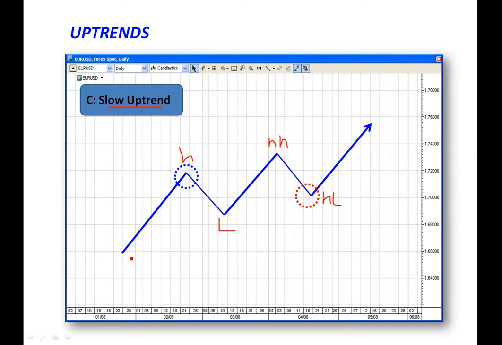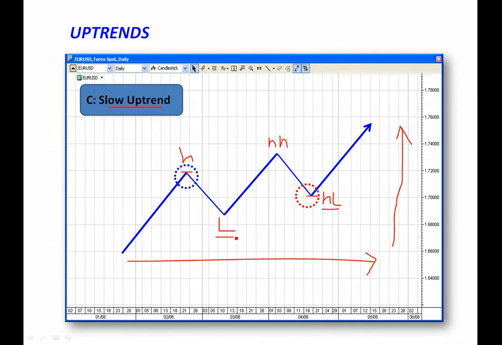But this time round, the market moves over a longer period of time to the prices that go in this direction. It did move up higher, but it takes a longer period of time. As you can see here, the higher low is lower than the high, but this higher low is still higher than the previous low.